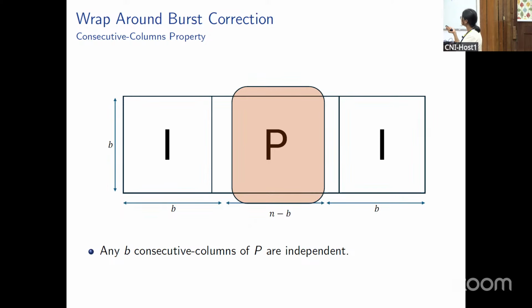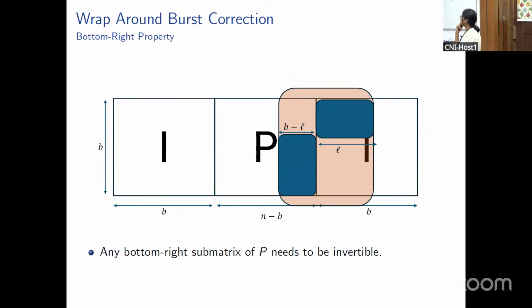The last two forms of P. Does it directly imply the next condition that you want? The consecutive, this one? Yeah, so that will imply this thing. The submatrix being invertible always? Yeah, it's stronger. This is stronger than the other one.